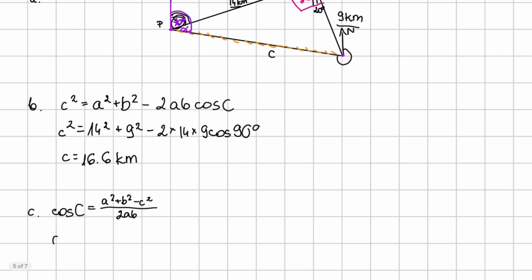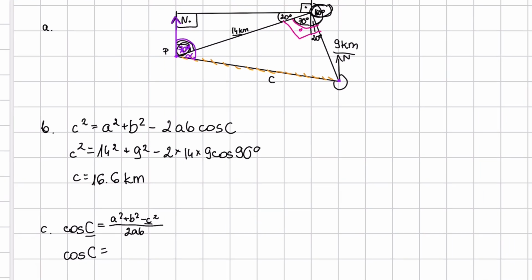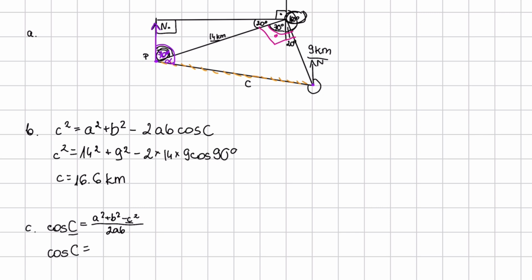So now we can substitute our values. We have to remember that this angle is always opposite to this side. Firstly, we can also erase this because we already know that this is 16.6.